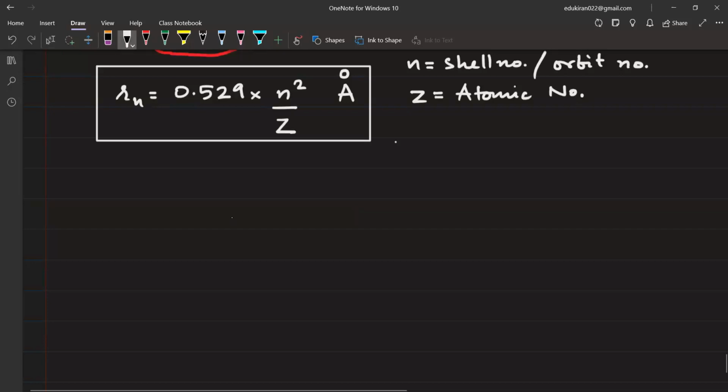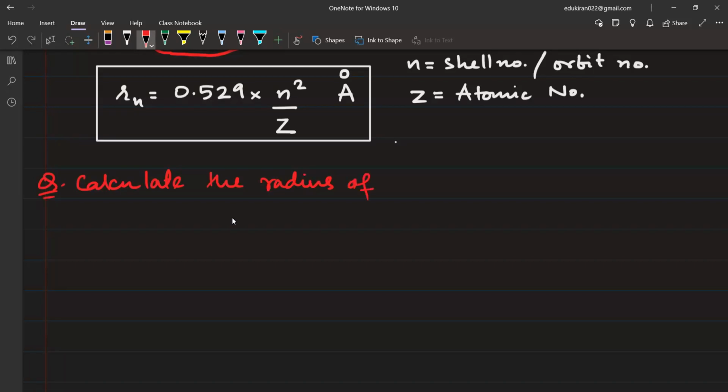Okay, now see here. Calculate the radius of first orbit of hydrogen atom. क्या हो जाएगा बताइए?